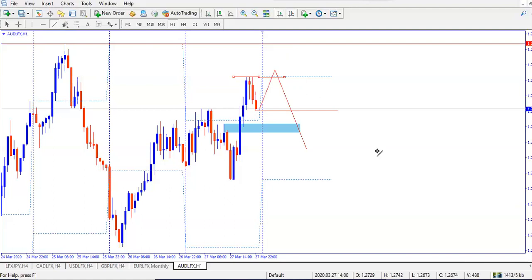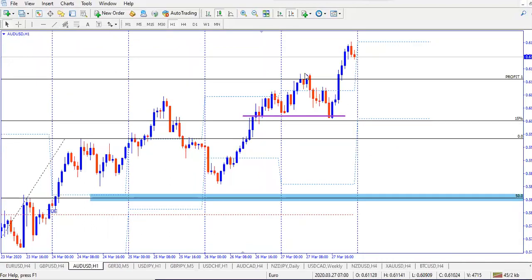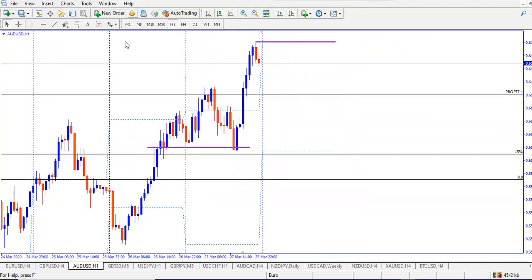Into this bullish order block. So which means to me on the Aussie dollar pair, the high of the week is there. I want to see this happen.